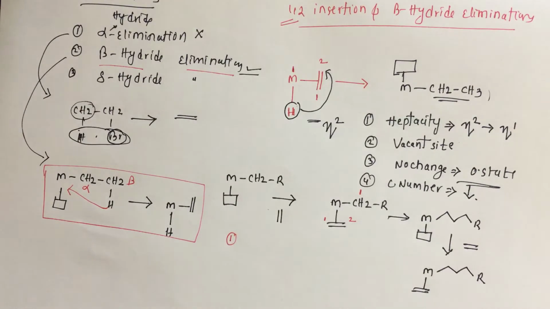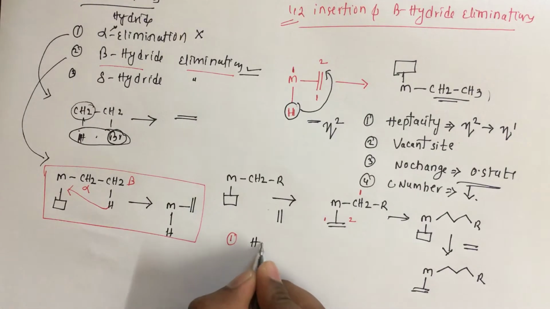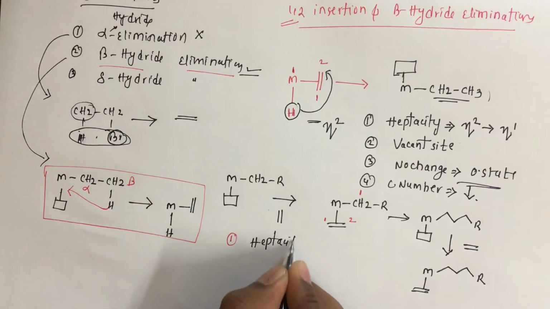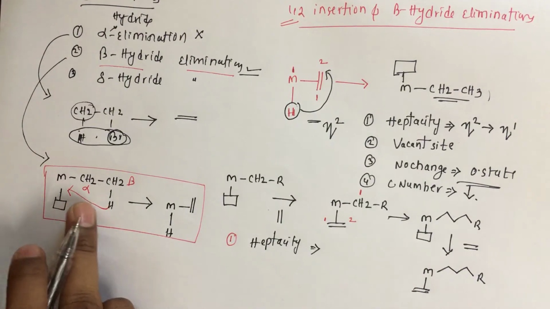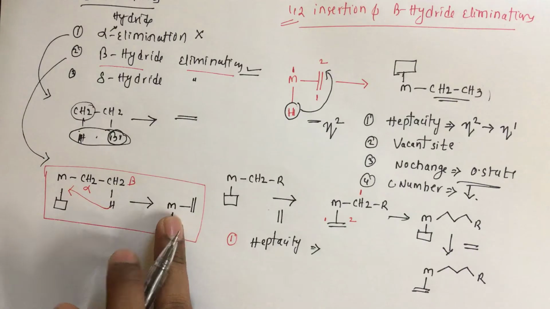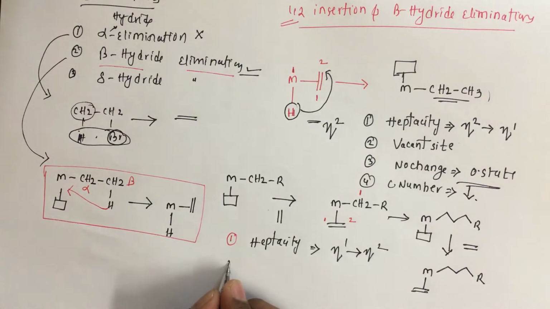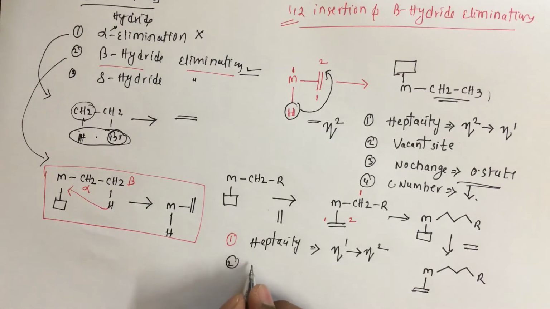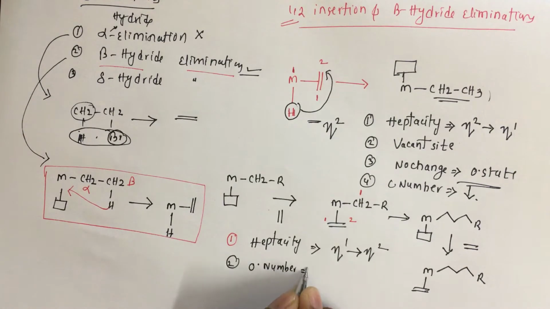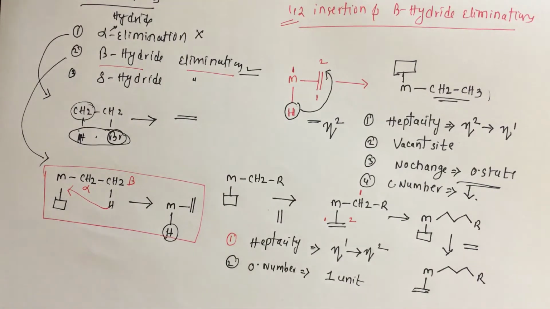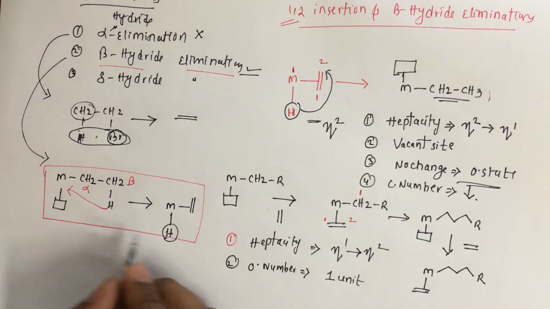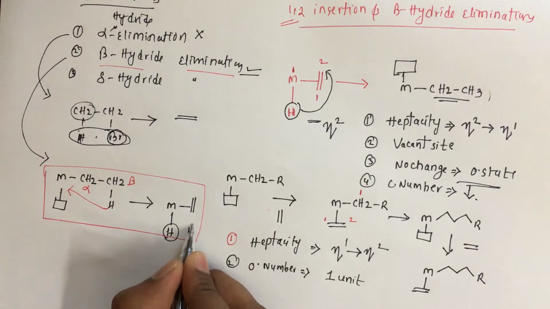Here the properties we can easily write. The first one is hapticity. Here the hapticity is 1 and it is converting into 2, η1 to η2. Then what about the oxidation number? The oxidation number will increase by 1 unit, because we know that H is a negative ligand, so we can call it H minus.